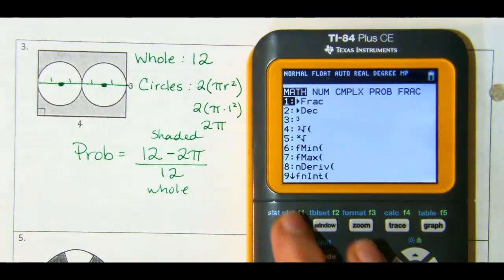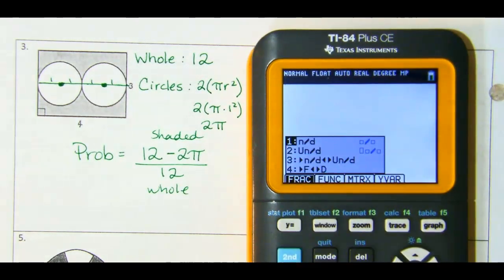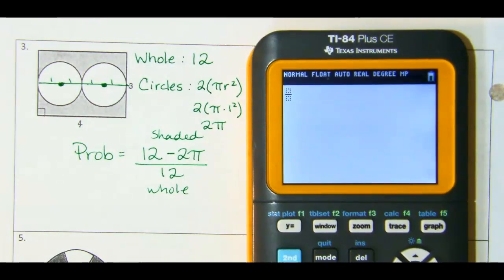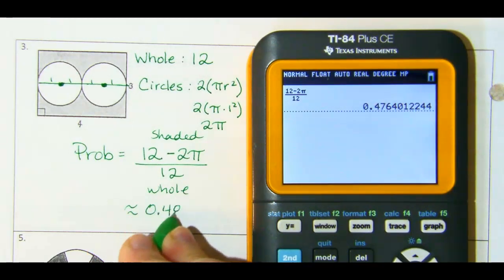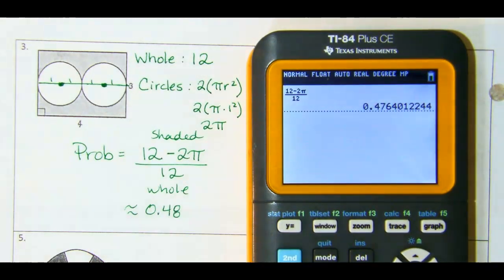This time I'm going to use the fraction key, so I can show you a different way to do it on your calculator. It is 12 minus 2 pi divided by 12. And that's going to be approximately 0.48. Again, look to see if that answer is reasonable, and I think so. It looks about half what the circles are taking up, and left over is about 0.48.